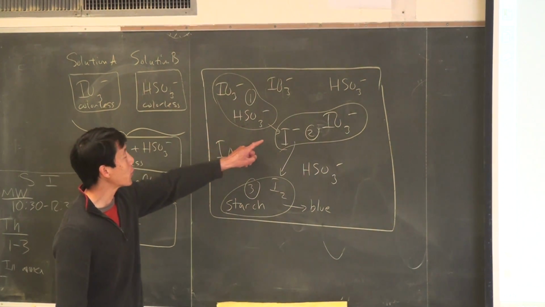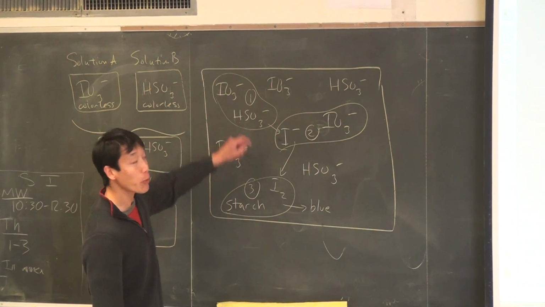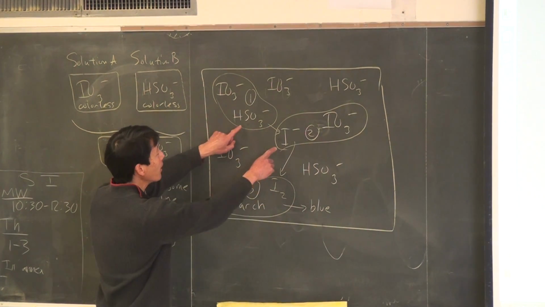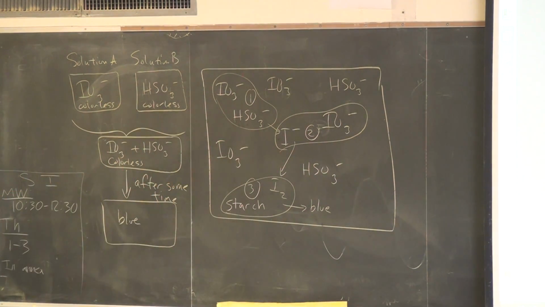So as soon as the I minus is produced, there's a competition for the IO3 minus. The HSO3 minus and I minus are competing to react with the IO3 minus. Boy, there's all these I's and O's and S's and minuses. It's hard to keep track of all.